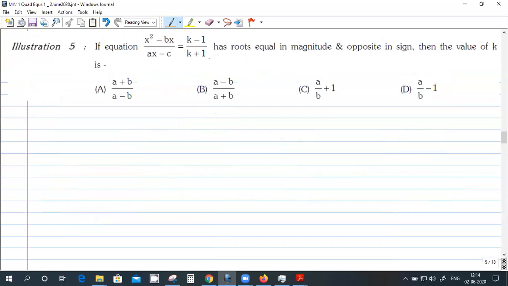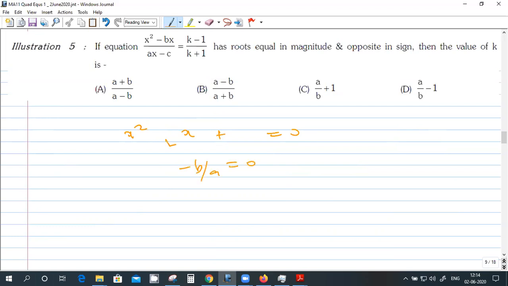The equation has roots equal in magnitude and opposite in sign. The value of k is, I think it's trivial. You just have to write this as a quadratic equation: x square, then x, and then the constant term equal to 0. So the roots are equal in magnitude and opposite in sign, so the sum of the roots, minus b by a, is equal to 0.